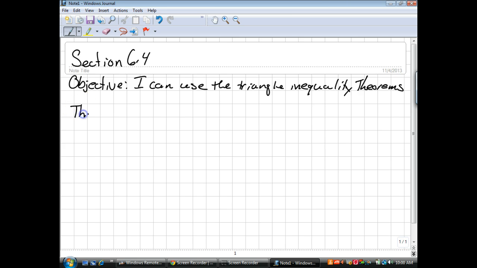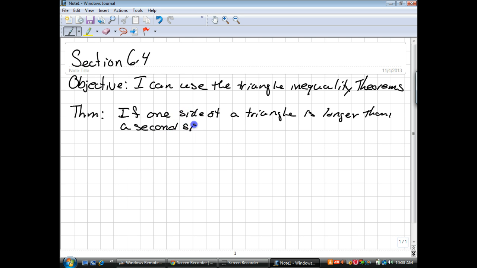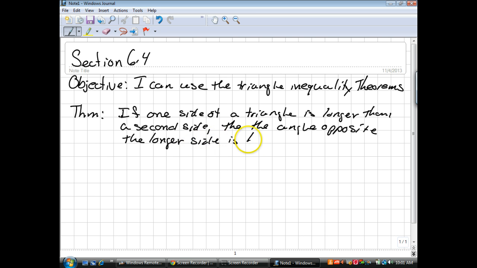So our first theorem for today is: if one side of a triangle is longer than a second side, then the angle opposite the longer side is larger than the angle opposite the shorter side.